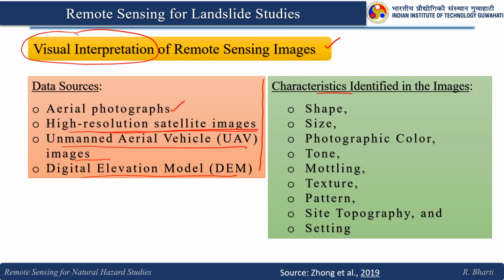Then the characteristics identified in the image: shape, size, photographic color, tone, mottling, texture, pattern, site topography and settings can be studied using this visual interpretation.